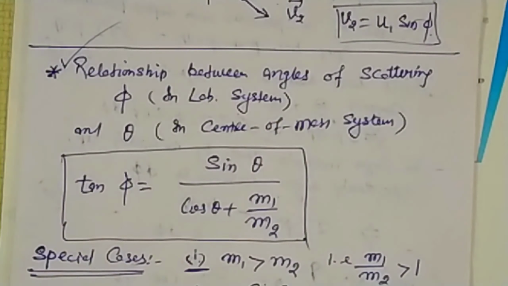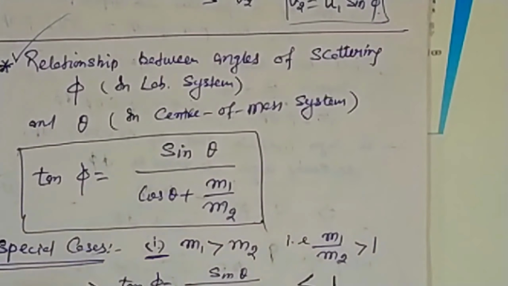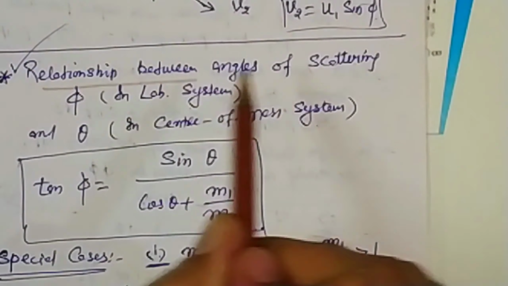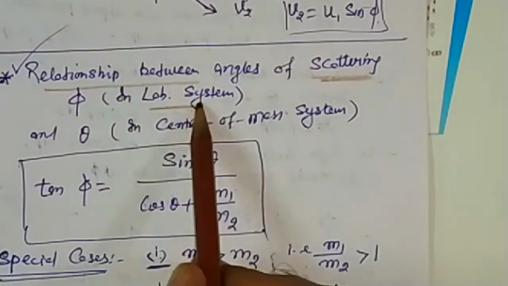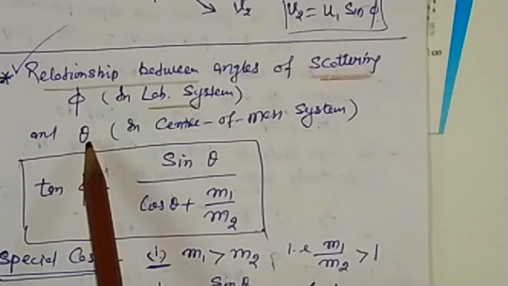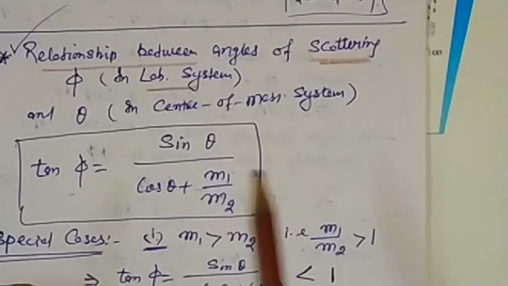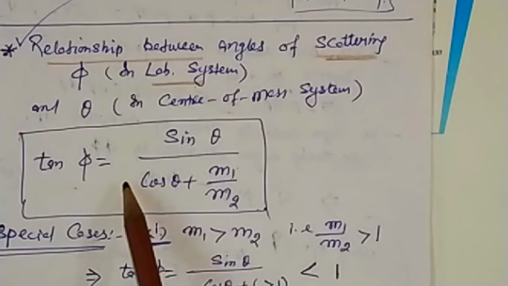Now, today's topic is the relationship between the angle of scattering in lab system and the angle of scattering in center of mass system. The expression for the relationship between them is very easy to remember.